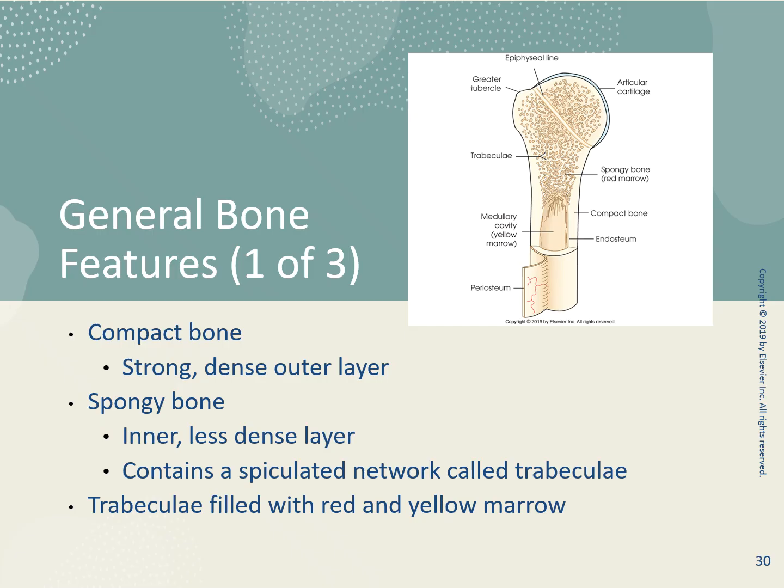So we'll be able to actually visualize in image critique the difference between the compact bone, the spongy bone, the medullary cavity, and we'll be able to see epiphyseal lines. So you should be familiar with all these structures.